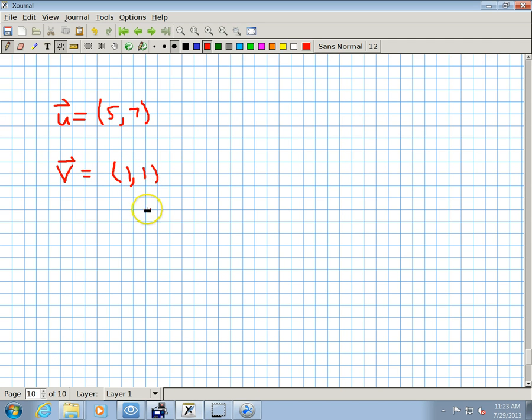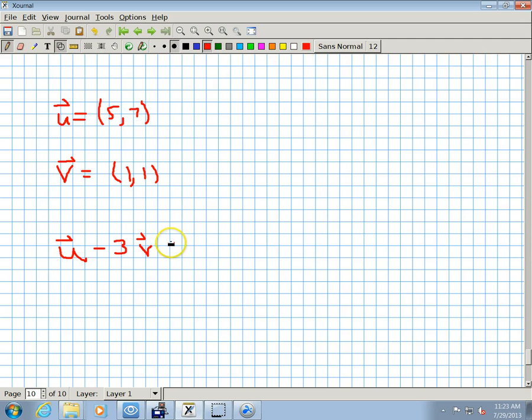What do you suppose U minus 3V is? Now, we've talked about adding and subtracting vectors component-wise, but we didn't talk about dilating. That 3 is a dilation. So if V is 1, 1, what do you think 3V is? 3, 3, that's it, okay.